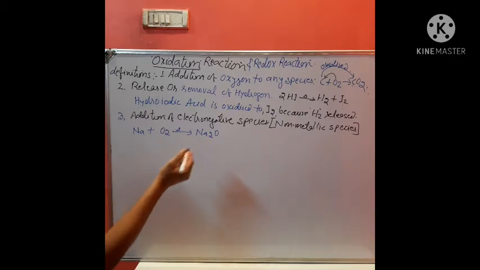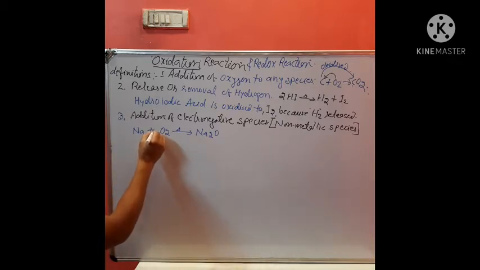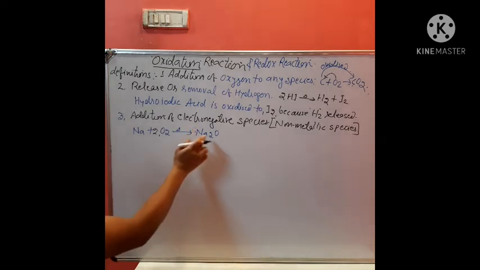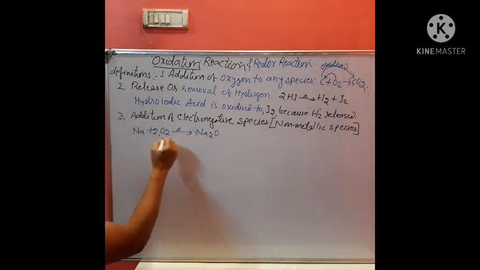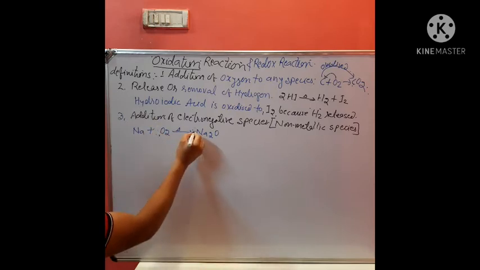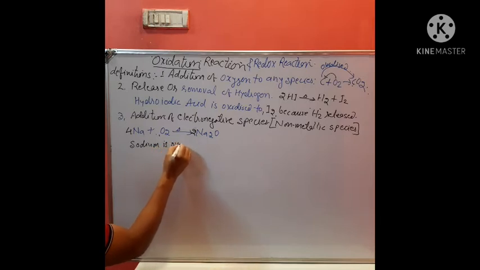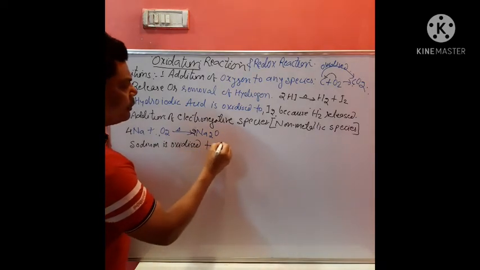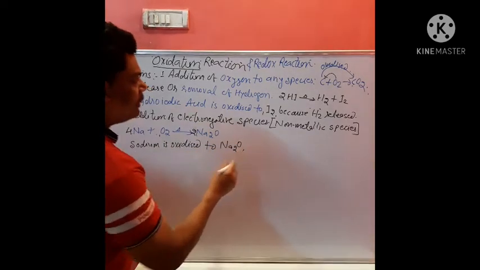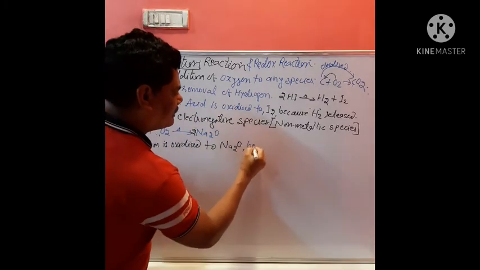Now if you balance the reaction, it will become 4Na plus O2 gives 2Na2O. So we can say sodium is oxidized to Na2O.